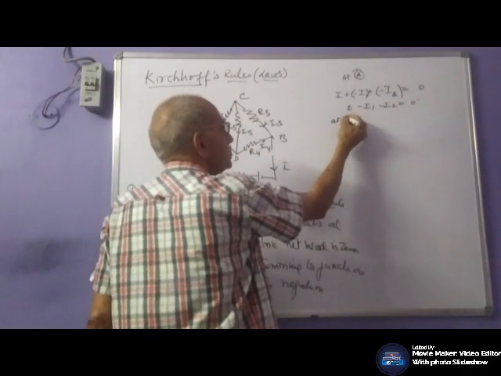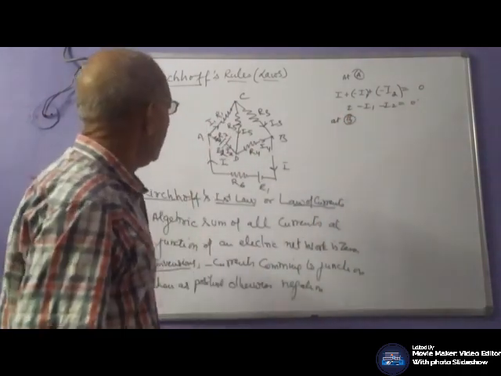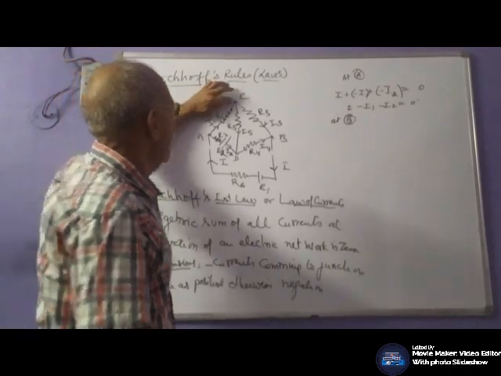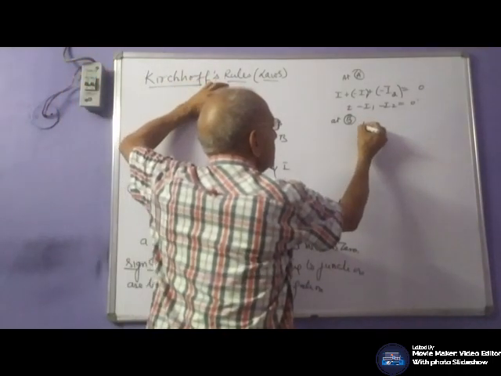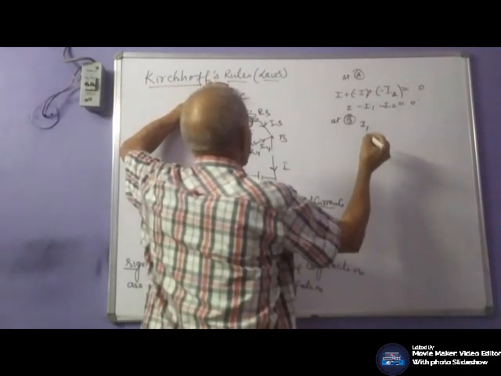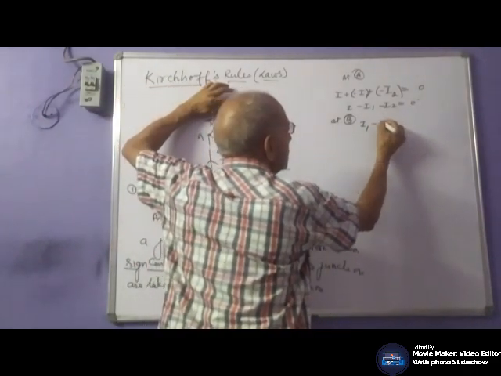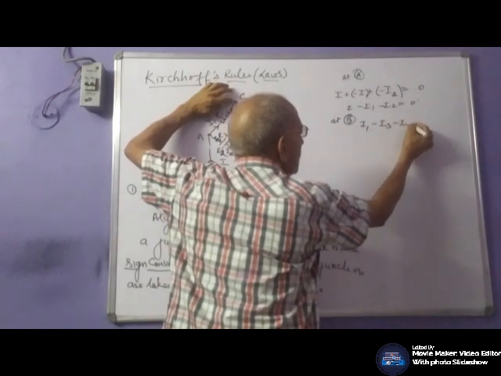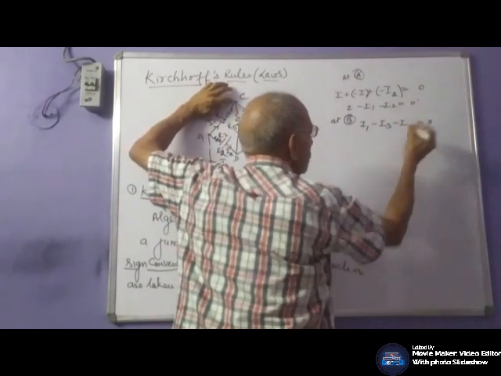At B, now we will write directly: I1 coming to the junction positive, I3 out, I5 out, sum 0.